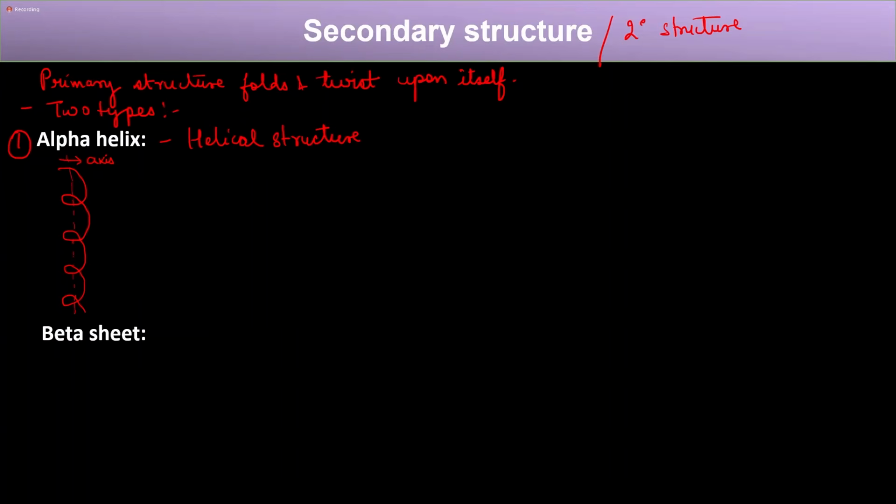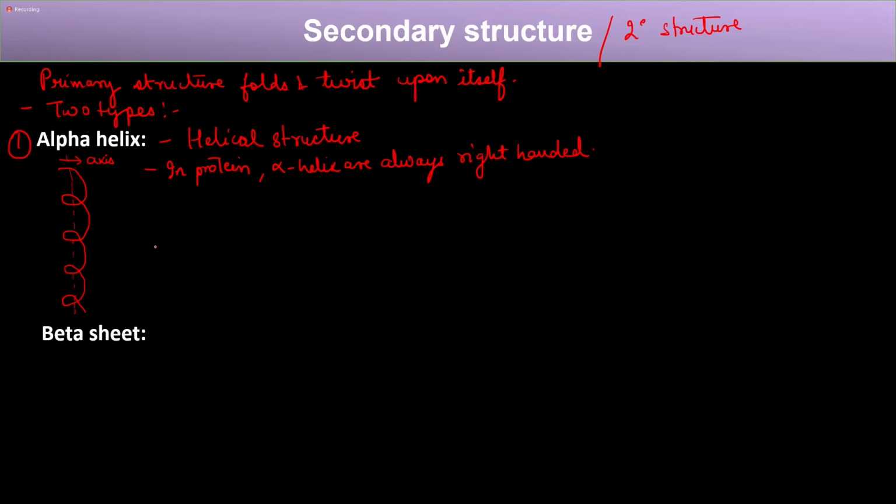So if someone asks you about the nature of the alpha helix, you can write that in protein, alpha helices are always right-handed. Right-handed means they rotate in the clockwise direction along this axis.